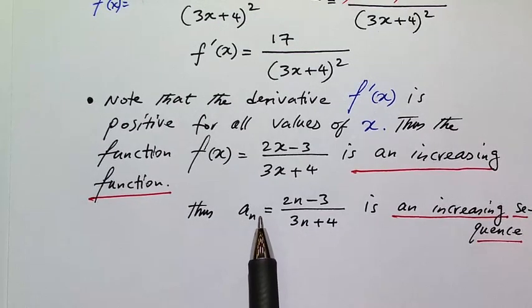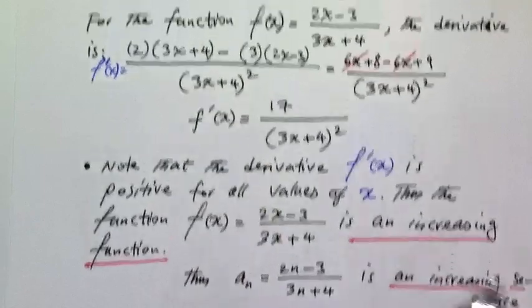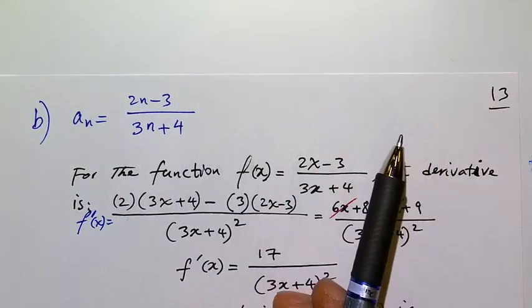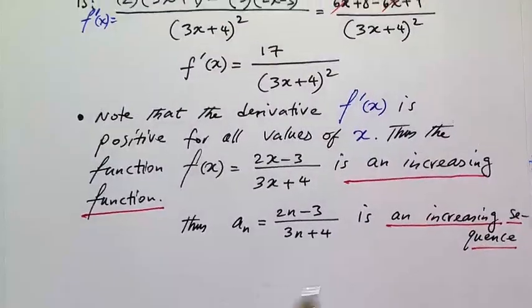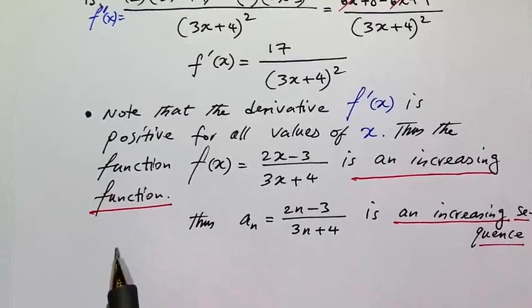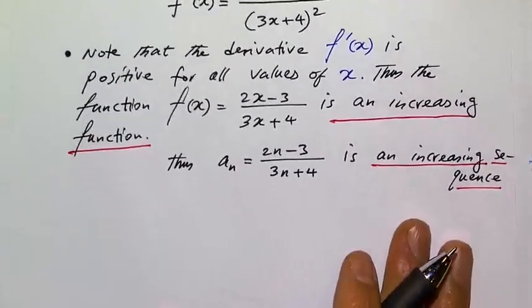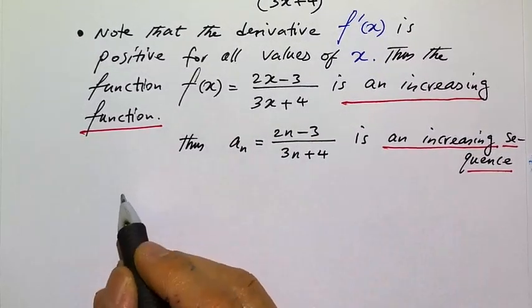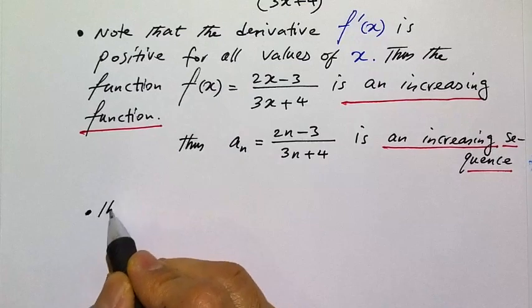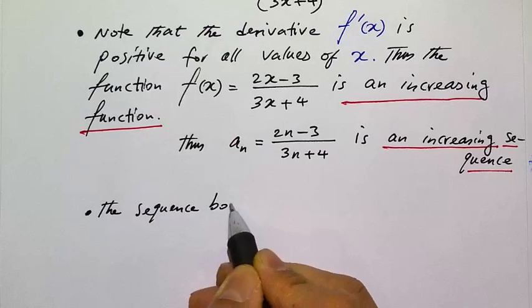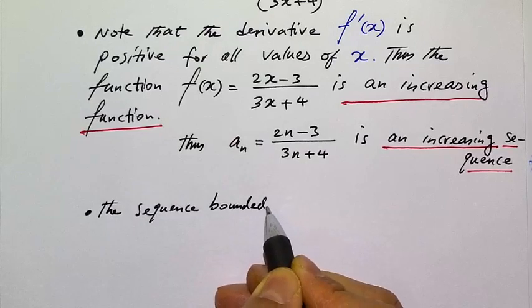Okay, so if we replace the n, you know that n varies from 1 to infinity. So if we plug in for n with 1, let me just title this sequence boundedness.